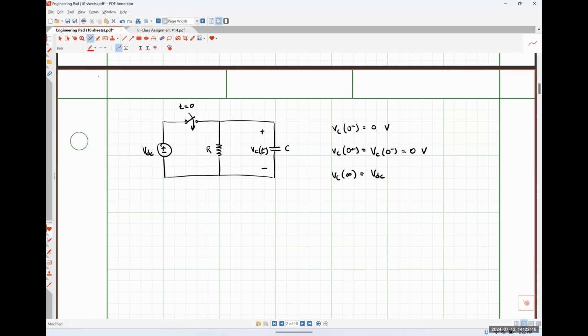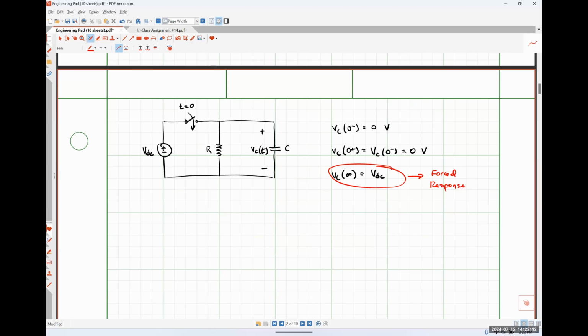So this bit right here is our forced response, okay? Because we have a forcing function, our DC voltage source, that is forcing the capacitor voltage to be non-zero after the transient condition has died out.